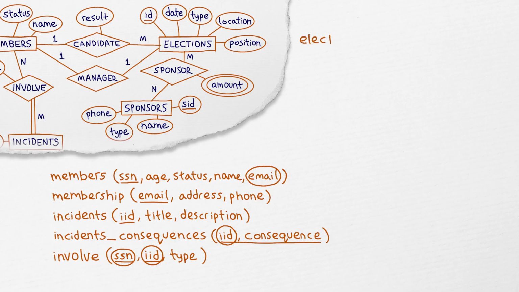So elections. We have the ID of the election. We have the date, type, location, position. We will underline ID to be the primary key. We need two foreign keys because we said that election has two relationships that are passing foreign keys, which are candidate and manager.